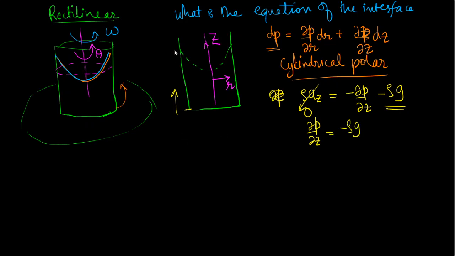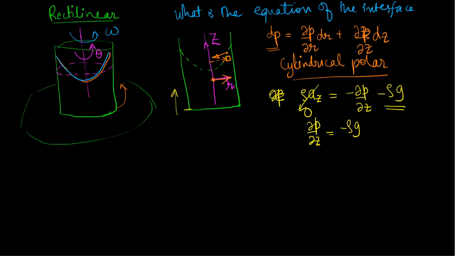Similarly, because of the rotation of the beaker, a fluid element at a given distance r will experience a centripetal acceleration as seen from the lab coordinate system, and the magnitude of that acceleration will be omega square r, and the direction will be opposite to the radial direction.